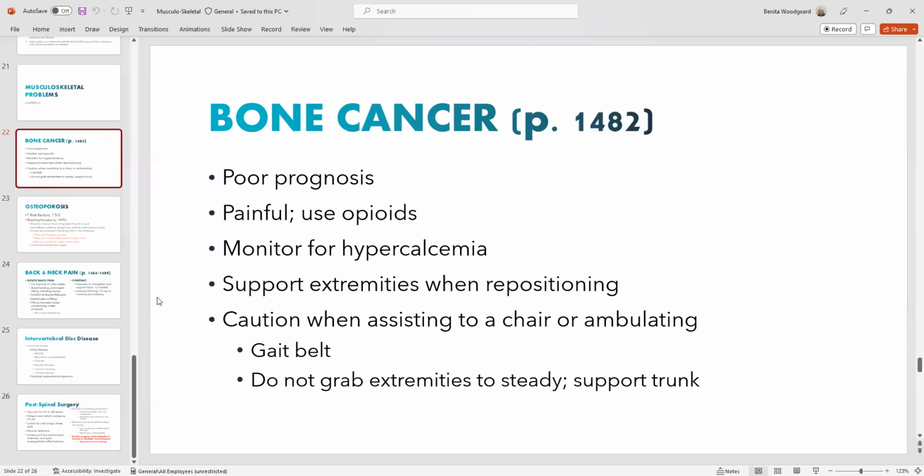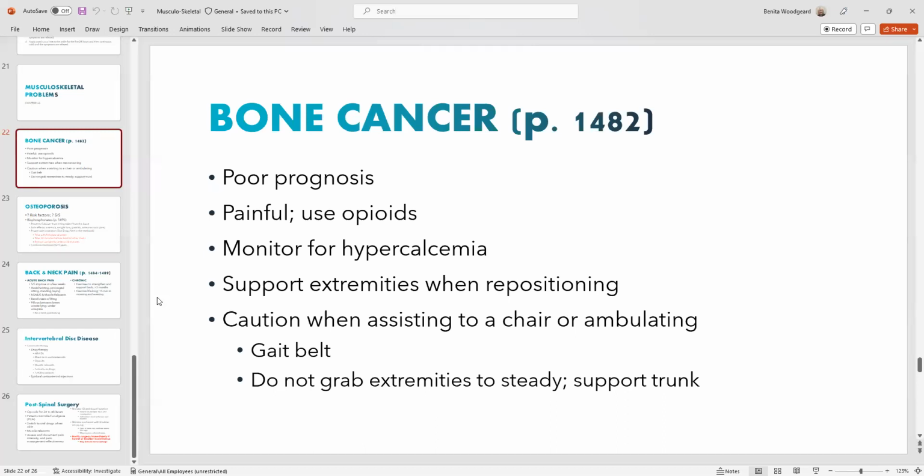These patients are usually somewhat immobile. When patients are immobile, when we don't walk on our feet, we are always at risk for hypercalcemia. So it doesn't matter if it's bone cancer or something else. When you're on long-term bed rest, you are at risk for hypercalcemia. Remember, with hypercalcemia, the symptoms go down. You have decreased tendon reflexes or flaccid and relaxed muscle activity.